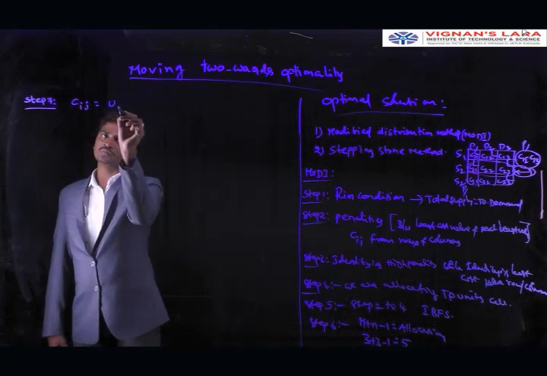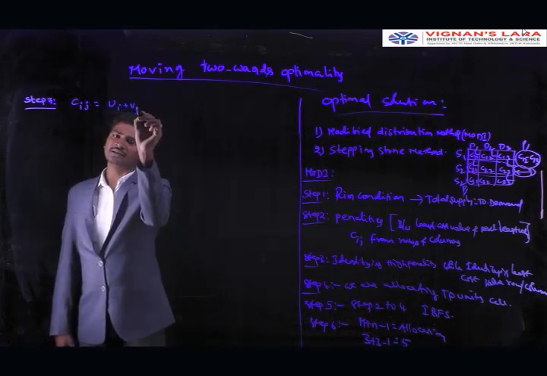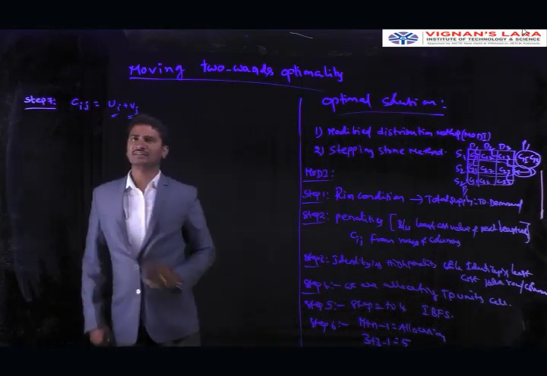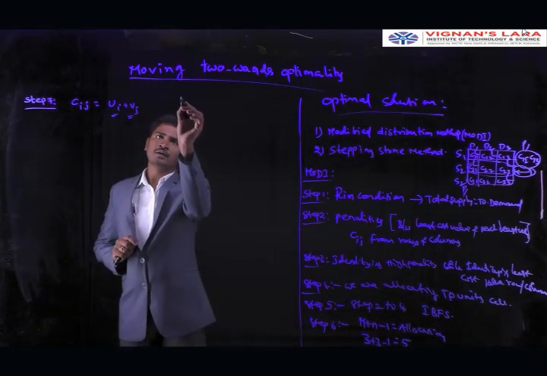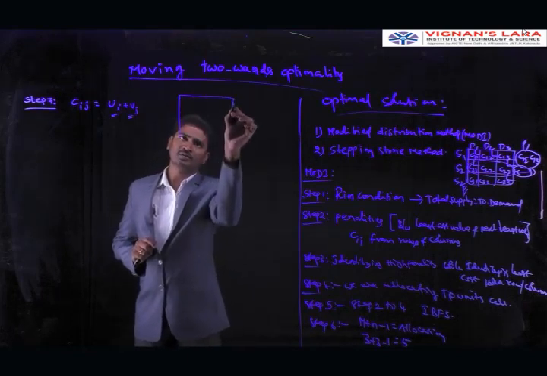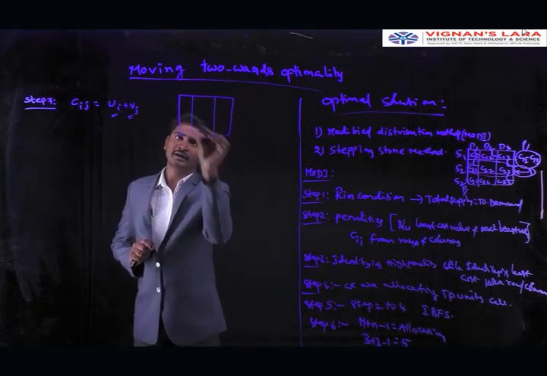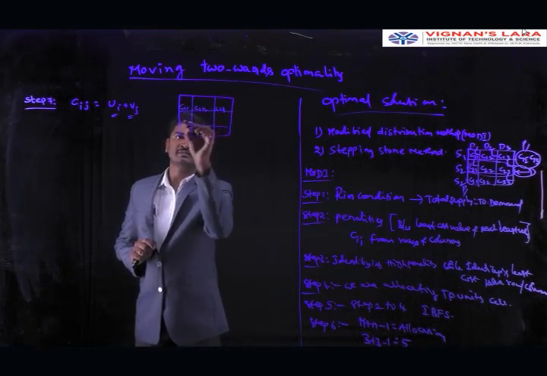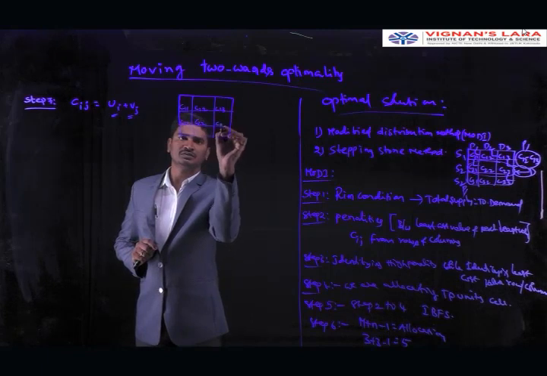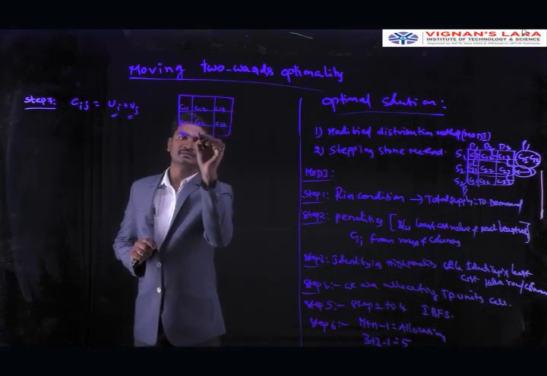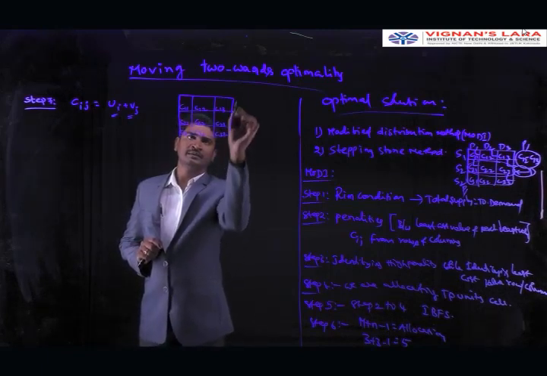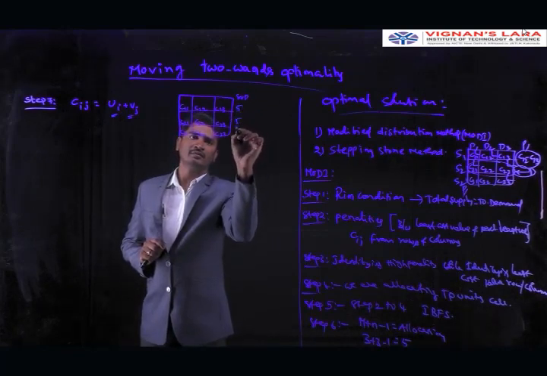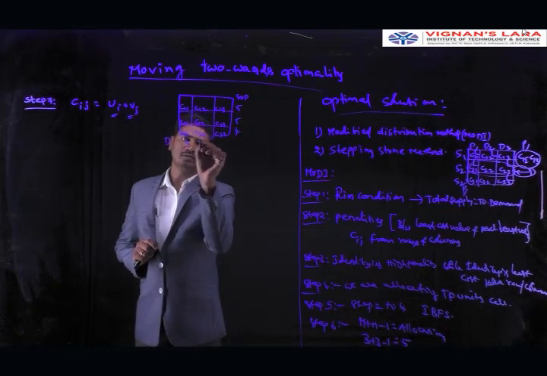Cij is equal to ui plus vj. What are ui and vj? Here ui is called the row value. Suppose we have a 3 by 3 matrix C11, C12, C13, C21, C22, C23, C31, C32, C33, with supply 5, 5, 4 and demand 4, 5, 5.